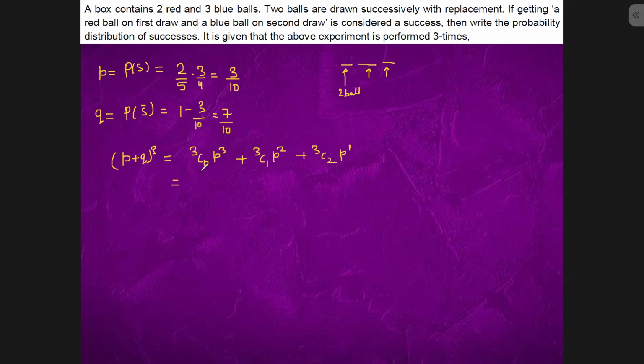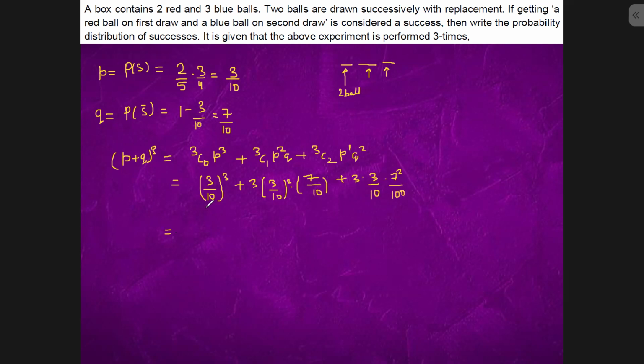So 3C0 is 1. P is 3 by 10, Q is 7 by 10. So it will be Q cube, plus 3 P Q square, plus 3 P square Q, plus P cube. That is (7 by 10) whole cube, plus 3 into 3 by 10 into 7 square by 100, plus 3 into (3 by 10) whole square into 7 by 10, plus (3 by 10) whole cube.